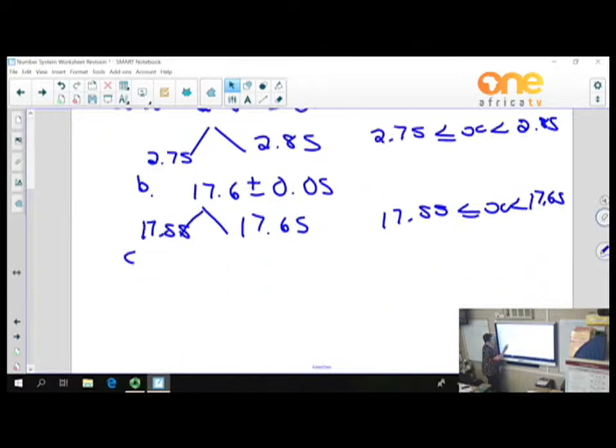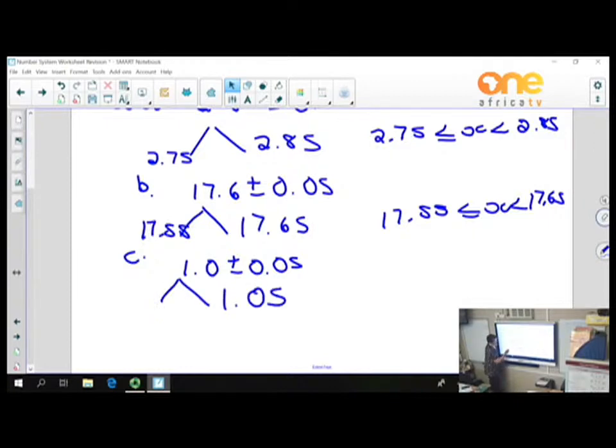Right, number C. 1. So one decimal place is still plus or minus 0.05. So the upper bound is 1.05. And what is the other one? 0.95. So the lower bound is 0.95.